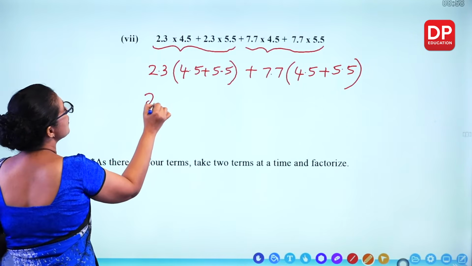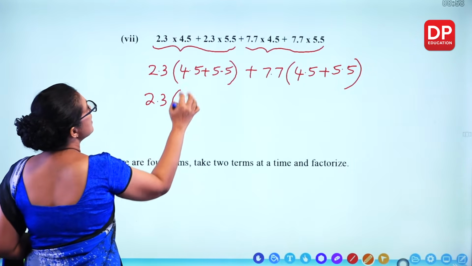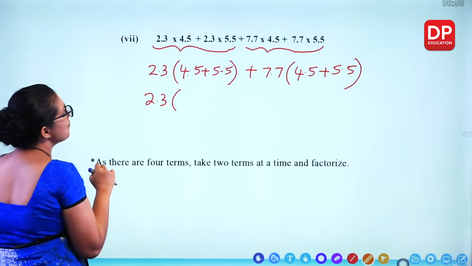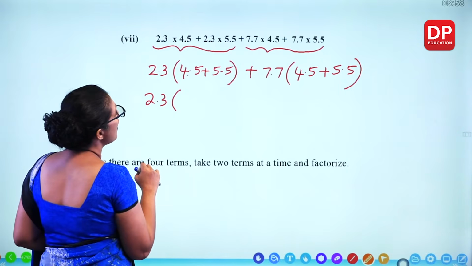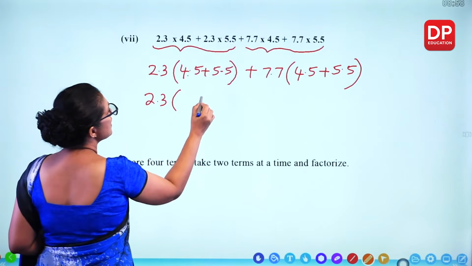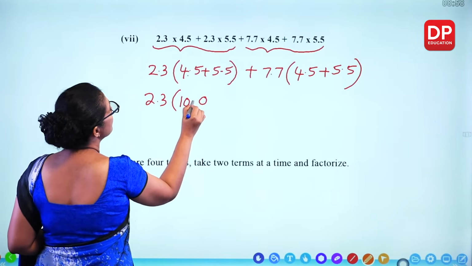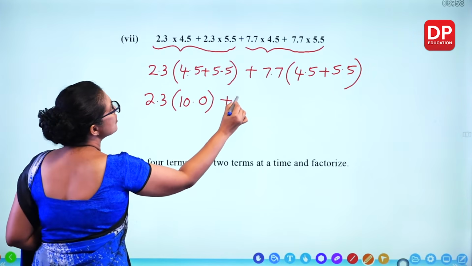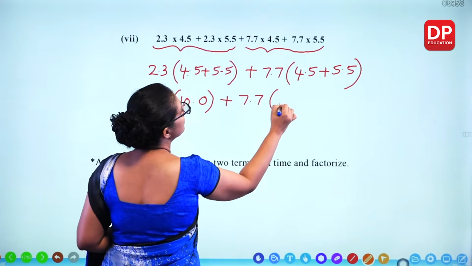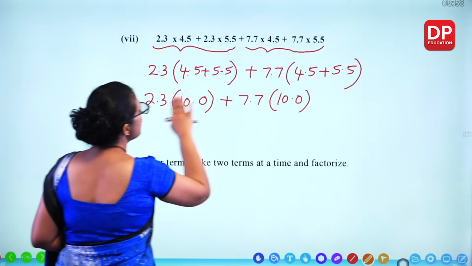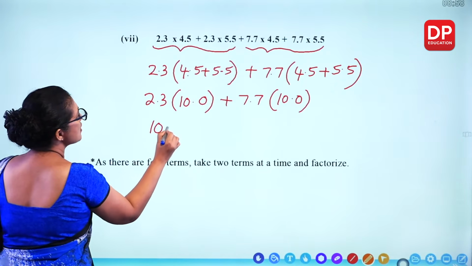Now when you add, you get 2.3, here this is the same. 4.5 plus 5.5, you get 10. Here also you get 10. Now we see 10 is common. Take it out.